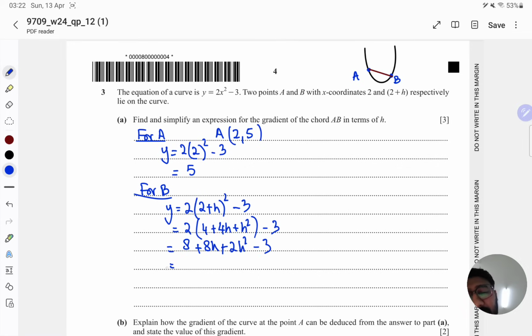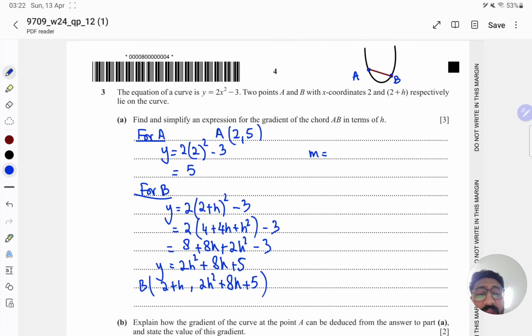So the value for the y coordinate of B will be 2h square plus 8h plus 5. So let me write the coordinates for B. It will be 2 plus h comma 2h square plus 8h plus 5.